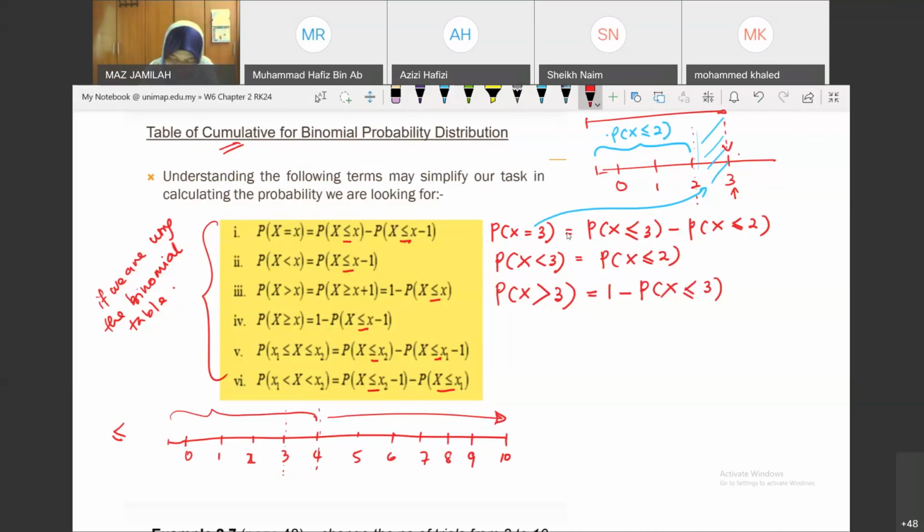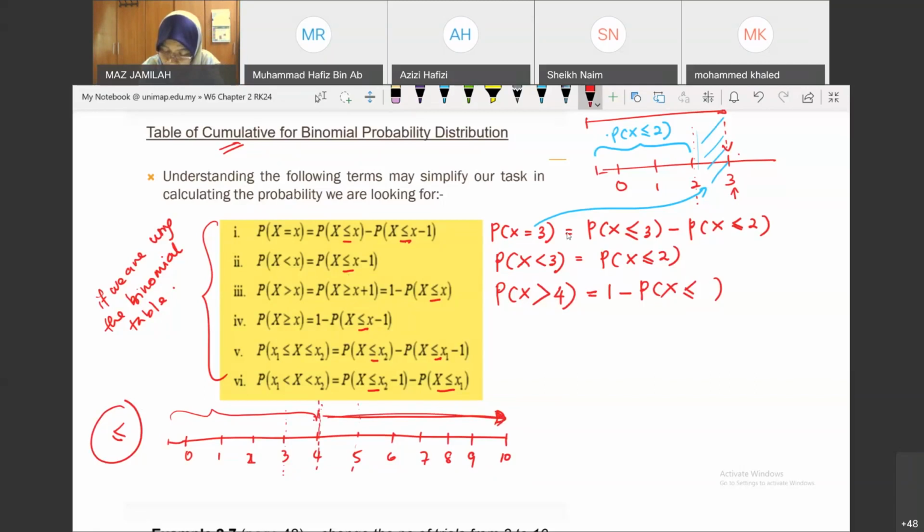Greater than or equal to 4, okay, 4. So greater than 4 means from here to here. In order to use the table, it must fulfill this term. Greater than 4 but not including 4 is actually 5.